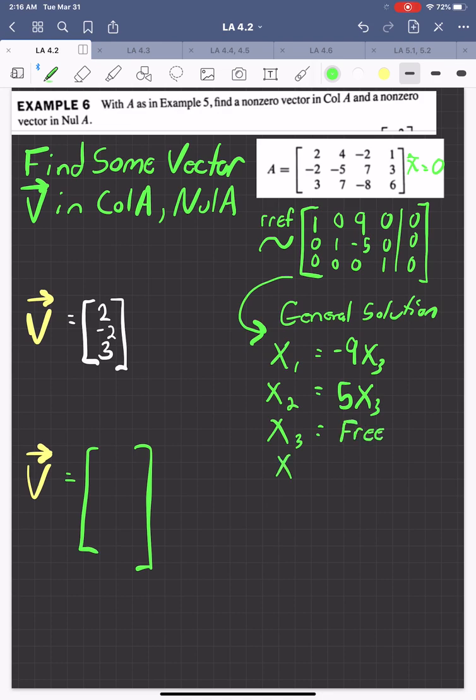Hey, what is x sub 4? Is x sub 4 free? No, x sub 4 is defined to be 0. So it's explicitly defined as 0. So I already know that we're going to have a 0 here.